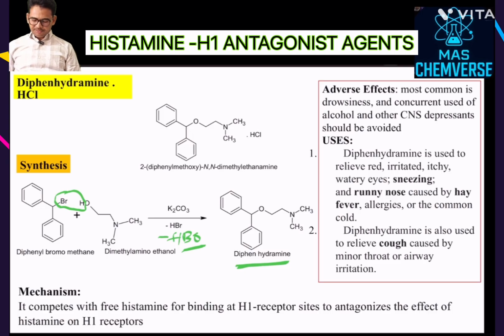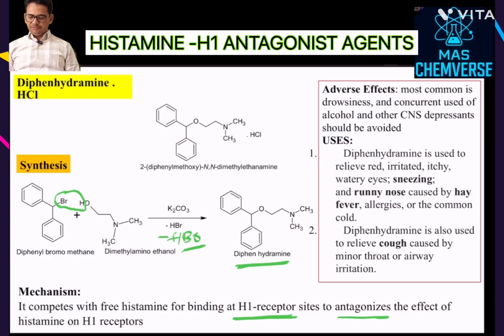The mechanism remains the same. It binds with the H1 receptors to produce an antagonist effect, blocking the H1 receptor. Then whatever allergens are released in our body, their action is blocked and stopped. That is the mechanism.